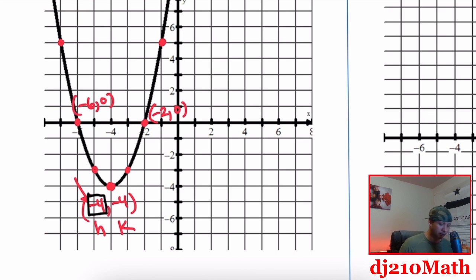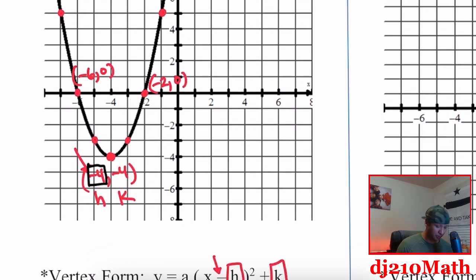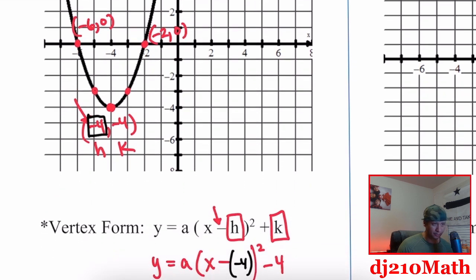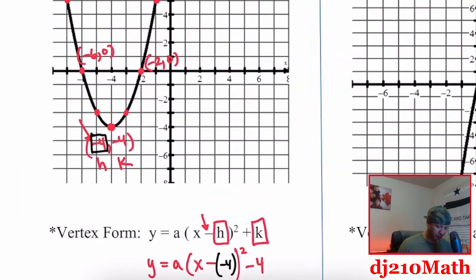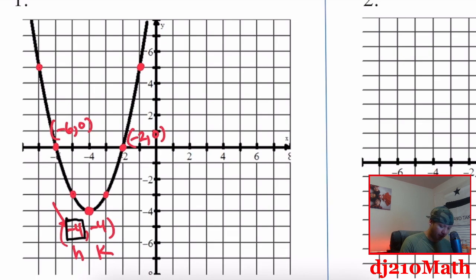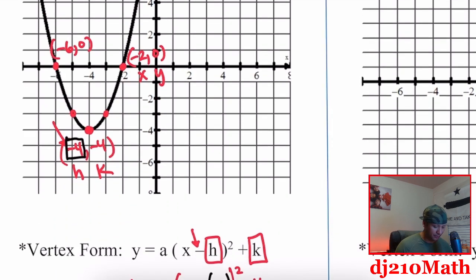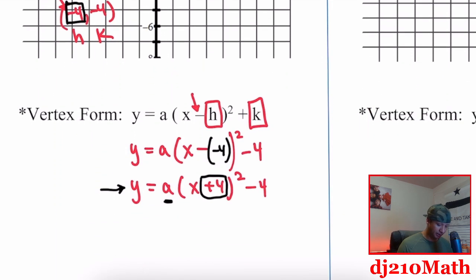So one of these will be the one that I pick. Now choose a smaller one, right? -2 is smaller than -6, or it's easier to work with. So if we choose -2, 0. Now remember, -2 is x, 0 is y. So we're going to plug in x and y so we can figure out what a is.